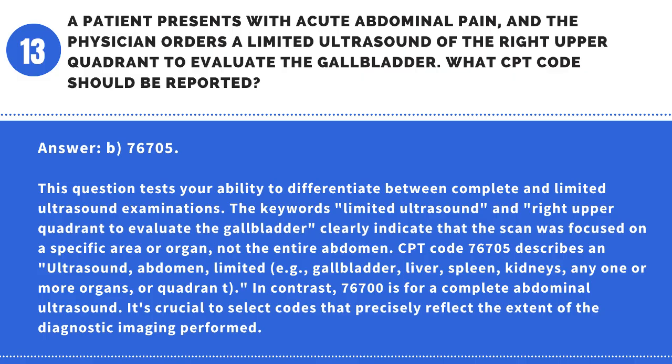CPT code 76705 describes an ultrasound, abdomen, limited, e.g., gallbladder, liver, spleen, kidneys, any one or more organs, or quadrant. In contrast, 76700 is for a complete abdominal ultrasound. It's crucial to select codes that precisely reflect the extent of the diagnostic imaging performed.